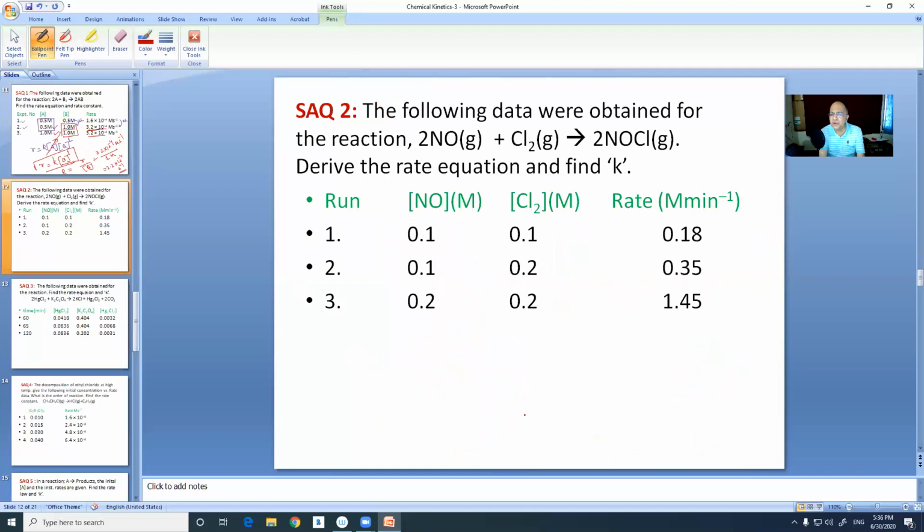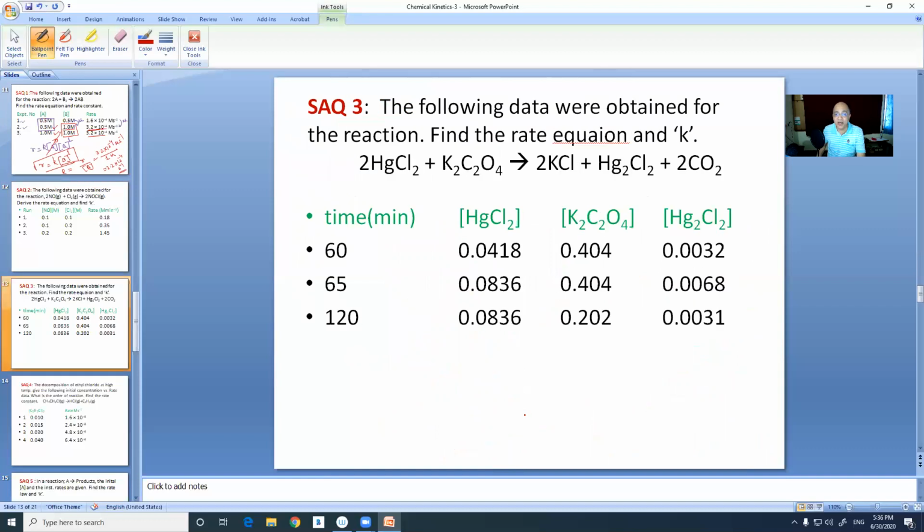So can you do this at home? You will definitely solve this SAQ 2 at home, and I will tell you, this is a different type of problem. I will give you a hint how to solve this problem. It is slightly different.